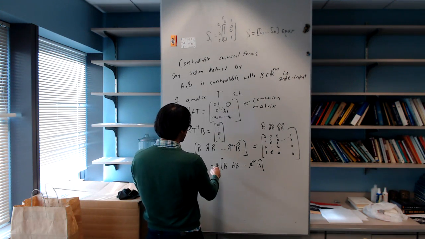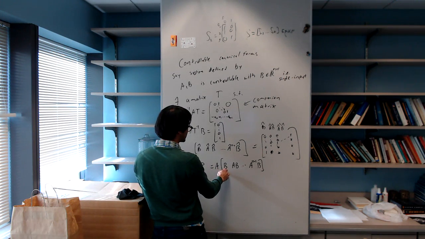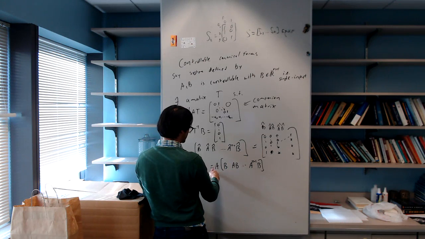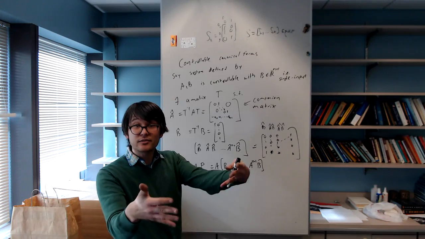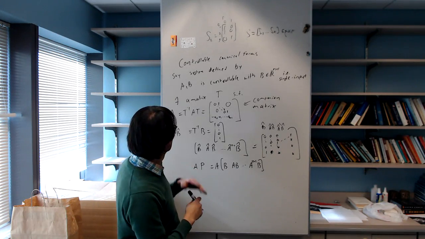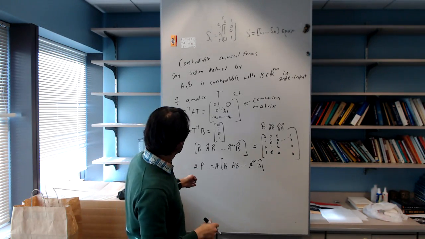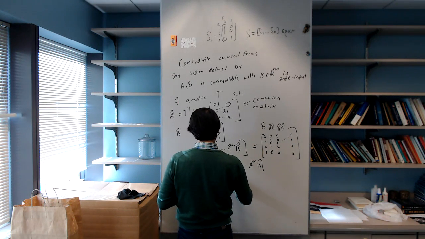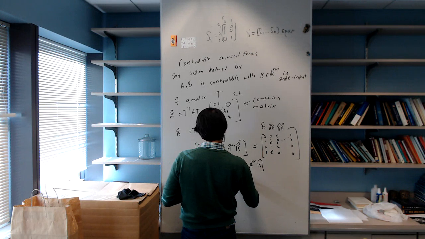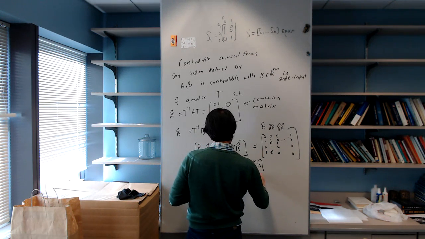We can take this A and pull it to the inside on each of these columns. So we put the A over here, here, and here. What we're doing is raising all of the powers by 1. So we get AB, A squared B, up to A^n B.